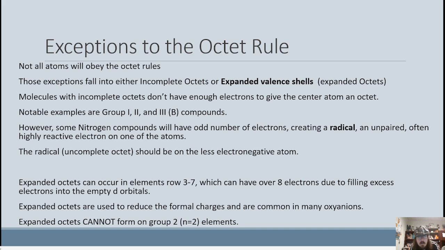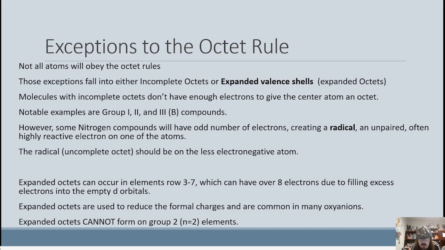Nitrogen often will give us an odd number of electrons. If when you count up your electron count, you get an odd number of electrons, it's going to fall into this incomplete octet situation. An odd number of electrons creates something called a radical.